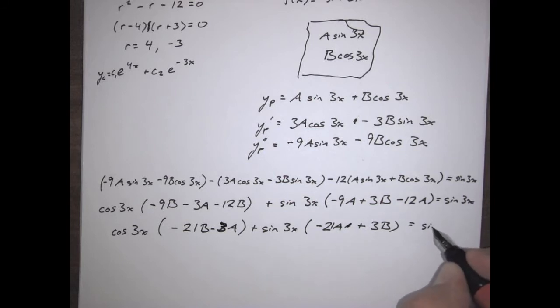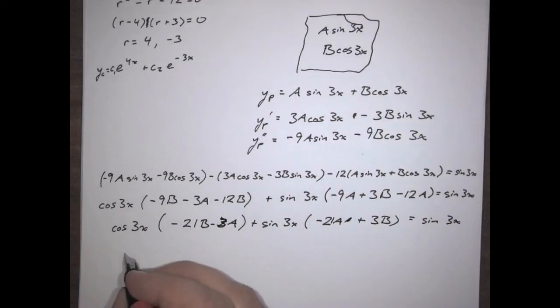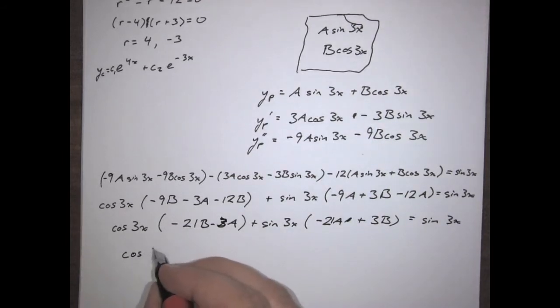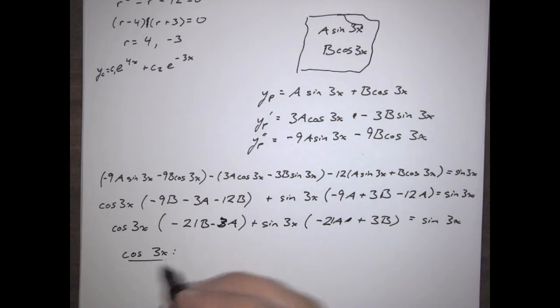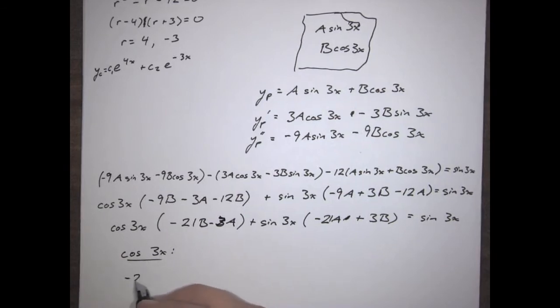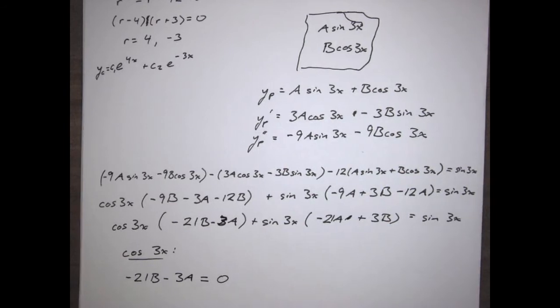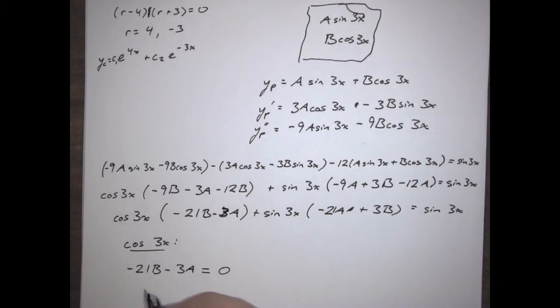That all equals sine 3x. Now collect the like terms from each side. So cosine 3x: on the left side, it's negative 21b minus 3a, and on the right-hand side, it's 0. Simplifying a little bit, we can pull out a negative 3, so that's 7b plus a equals 0.